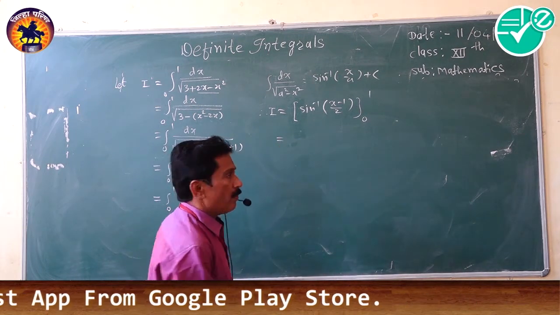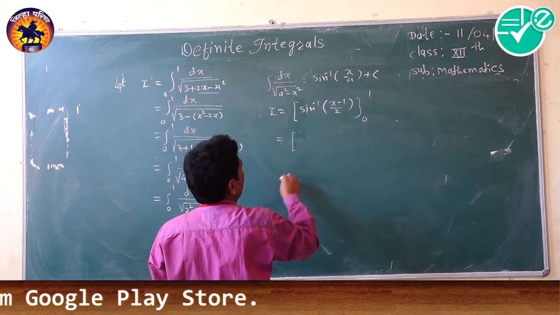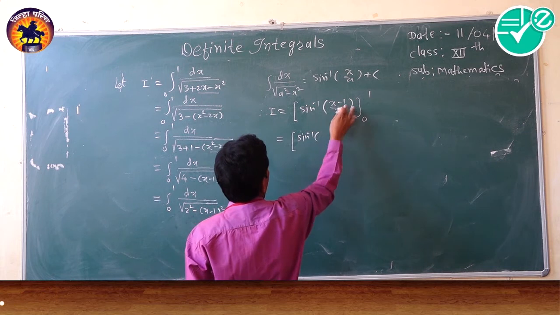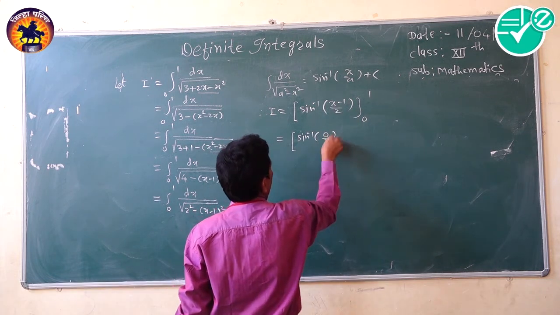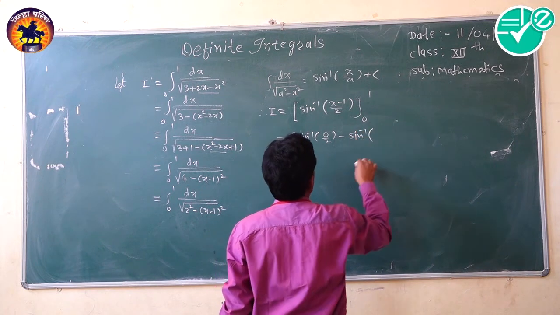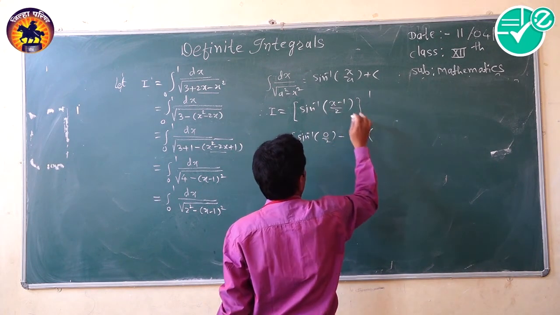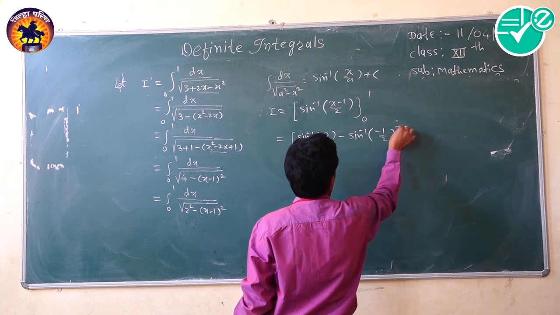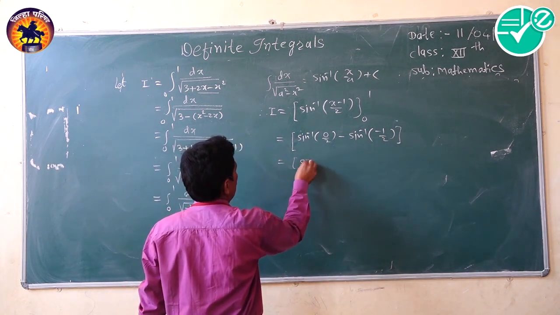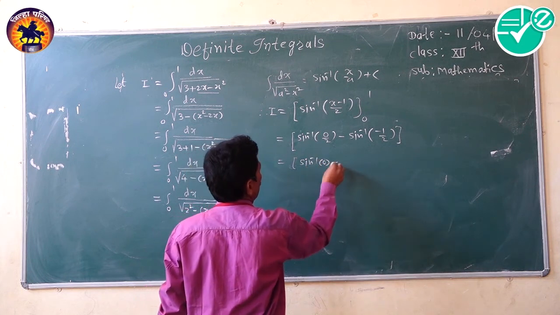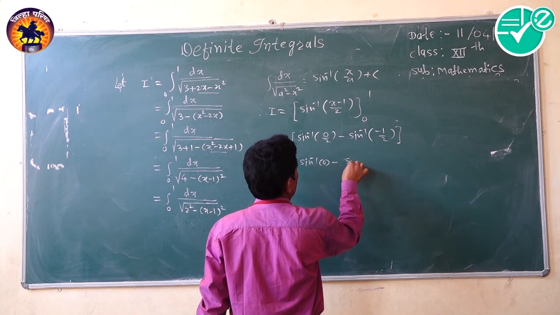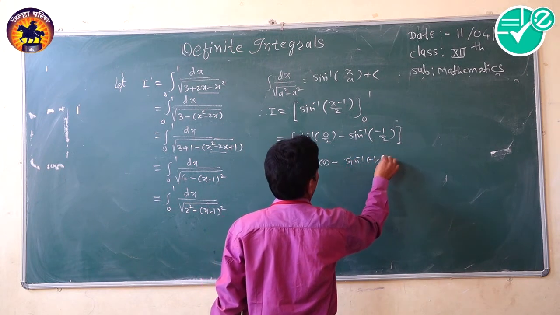This is equal to upper limit is 1, sine inverse of 1 minus 1, that is 0 by 2, minus sine inverse of value of x is 0, minus 1 by 2. This is equal to sine inverse 0 minus sine inverse of minus 1 by 2.